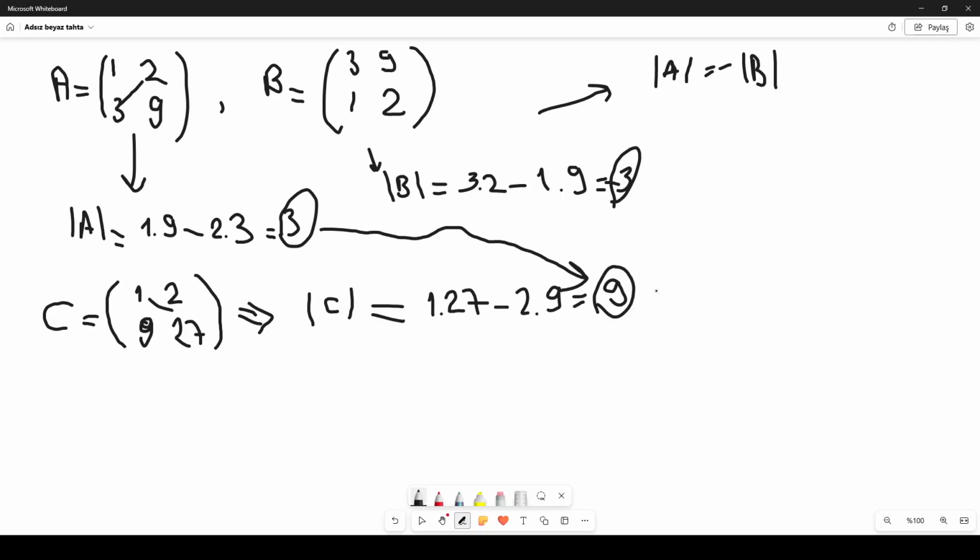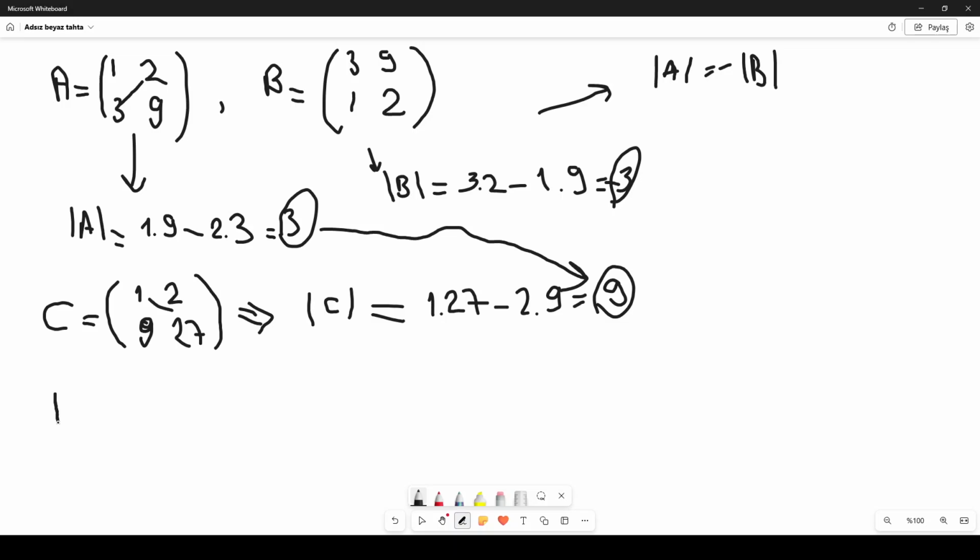So it was 3 and now it's 3 times 3, so it's 9 now. So multiplying a row by a scalar has an impact on the value of the determinant in the same way. If you multiply any of the rows by some scalar, then this means that we multiply the determinant by the same scalar.